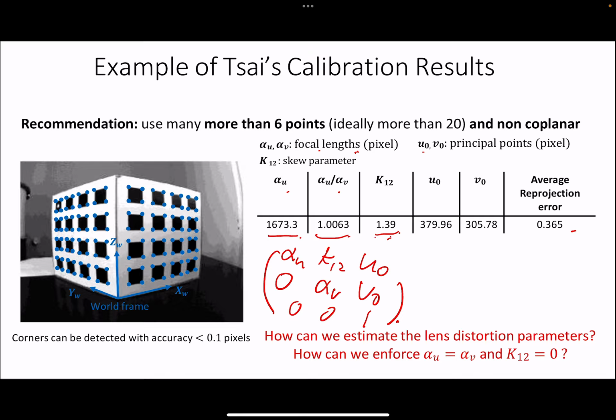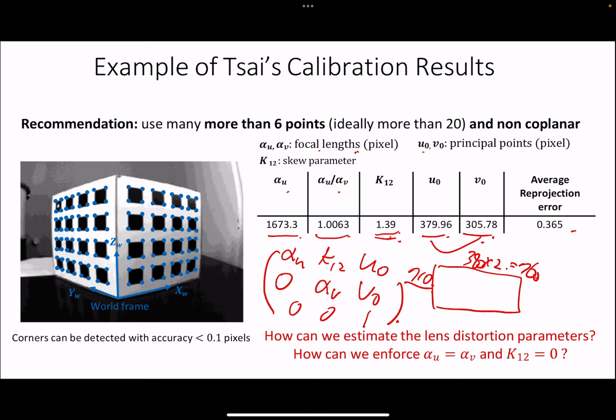The skew is too large. And U0 and V0 are principal points. These are the image center. So from these numbers, we can guess that our image width might be 760 and height might be 710 maybe.